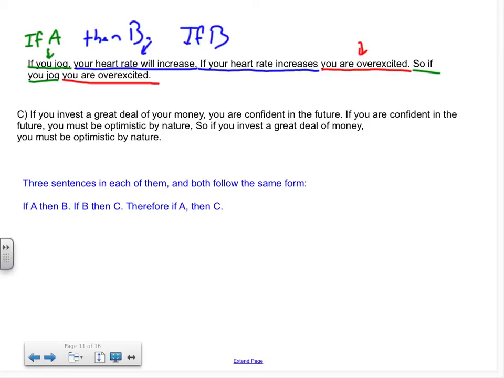So then if B, then C. So if you jog, so if A, you are overexcited, then C.